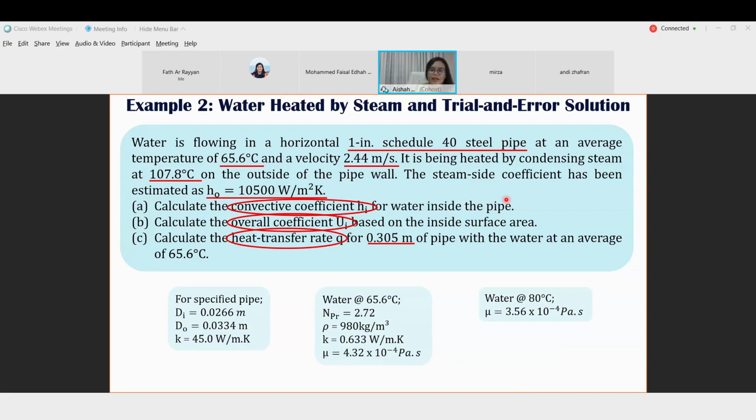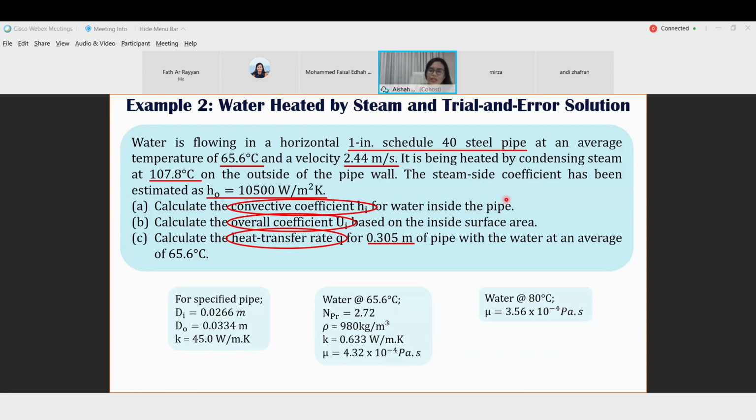Okay, so in this case, because it's a trial and error solution and we don't have the outlet water temperature, let's start by assuming that the water coming out is 80 degrees Celsius.